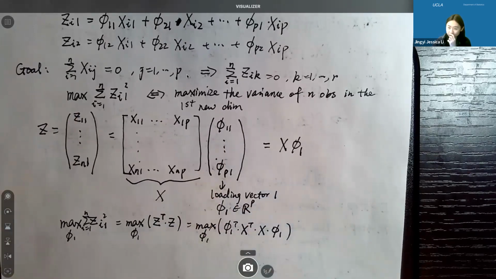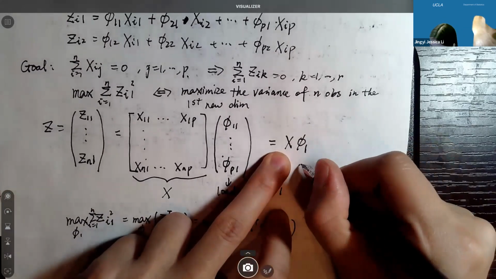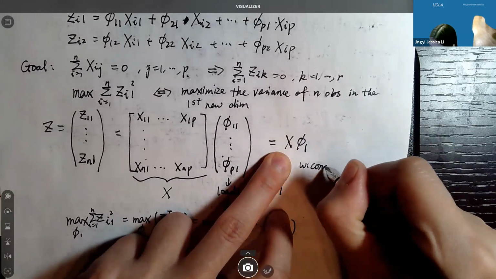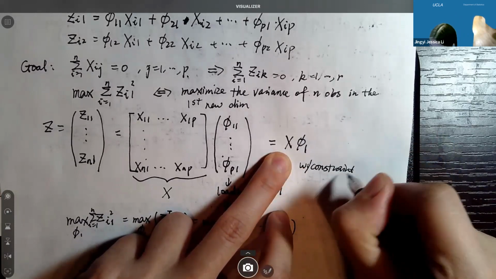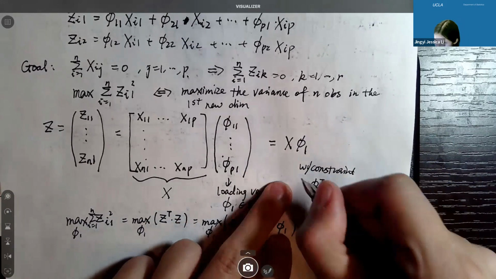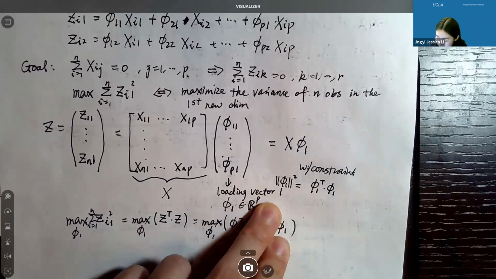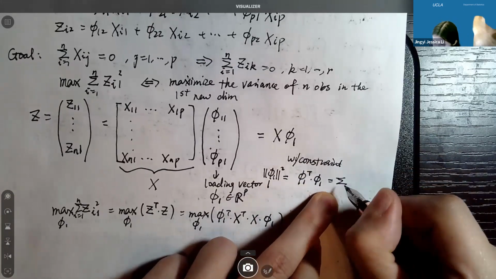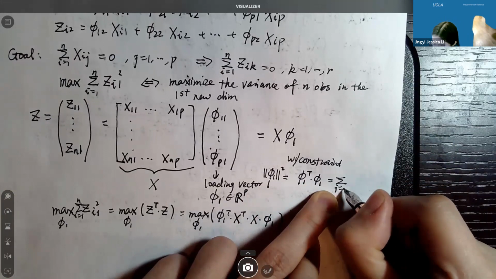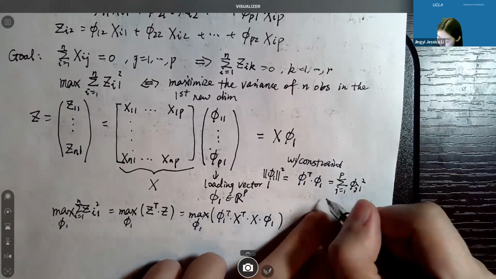And a reasonable constraint is to assume that phi 1 is a unit vector, which means that it has unit L2 norm. In other words, we can assume the constraint that phi 1 transpose times phi 1, its inner product with itself, which is what we write as the phi 1 L2 norm squared, or you can express it as the summation j from 1 to p of phi j1 squared, that's the L2 norm squared, we set this to be 1.